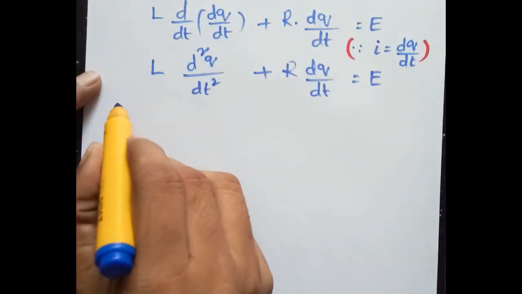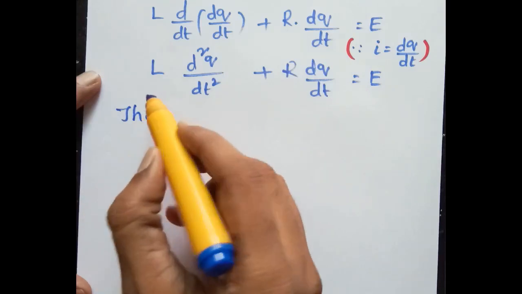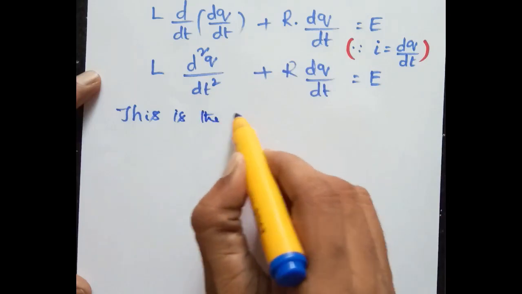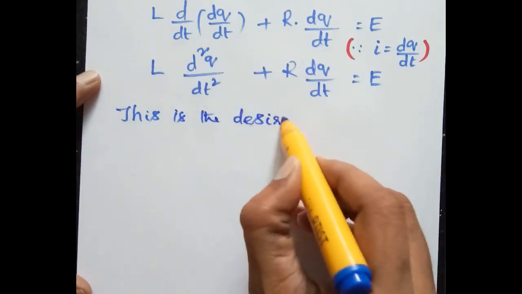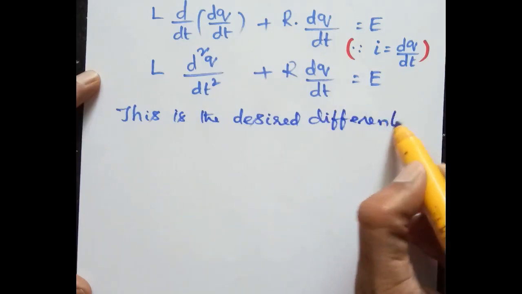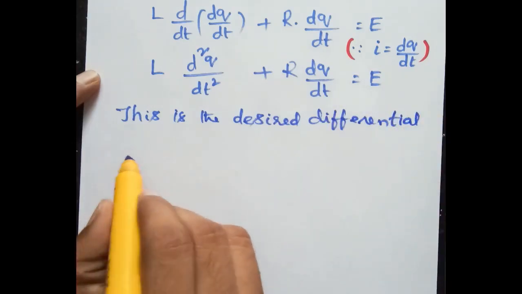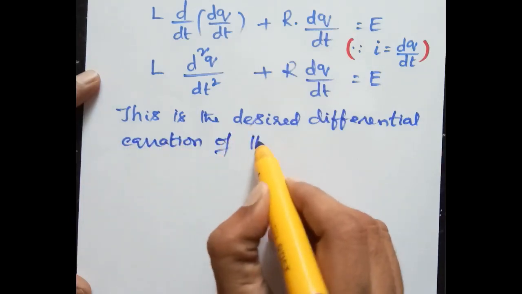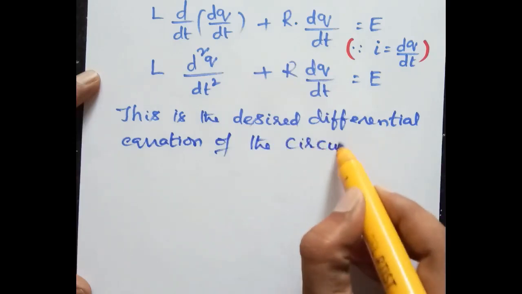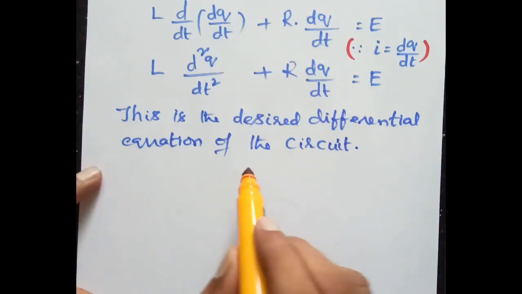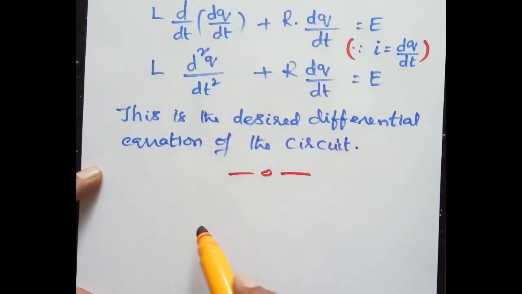This is the desired differential equation of the circuit, the required differential equation of the given circuit.